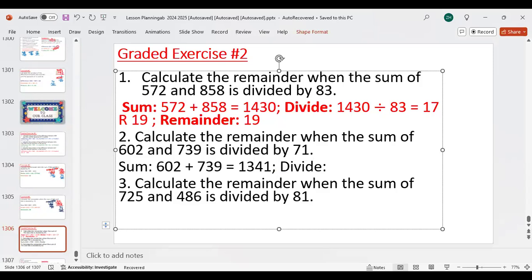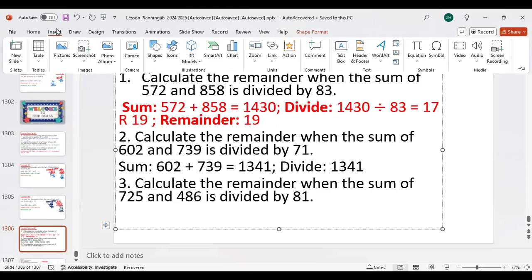Then we have to do what? Divide. When we divide, we have to divide 1341 by what?